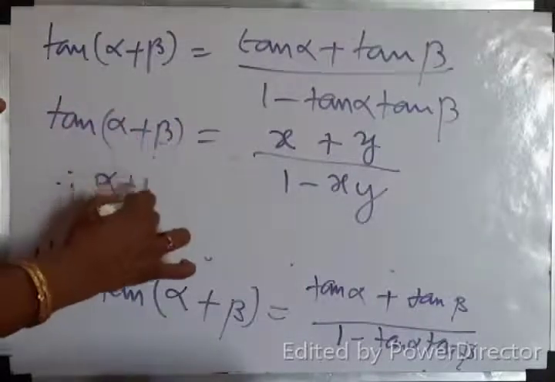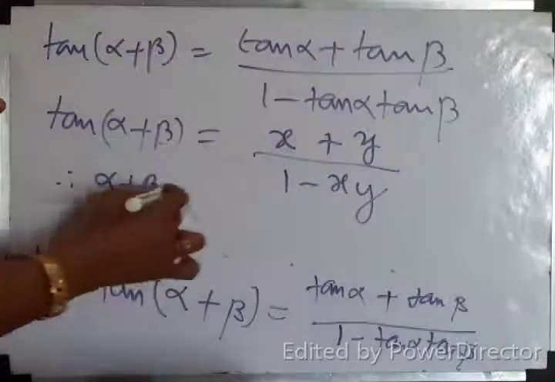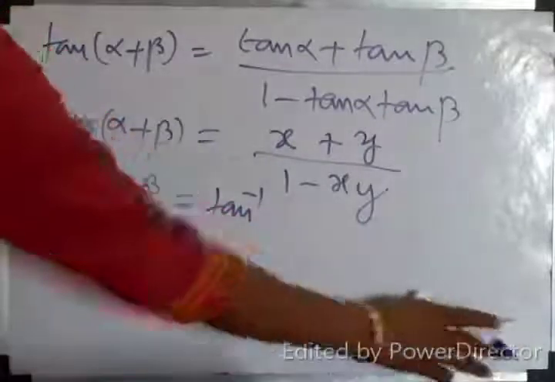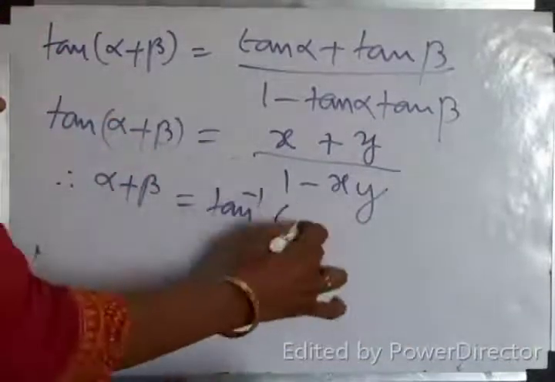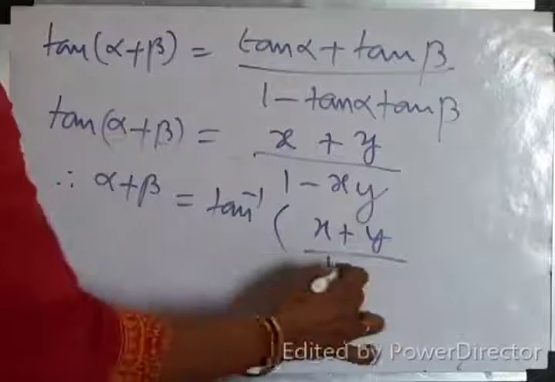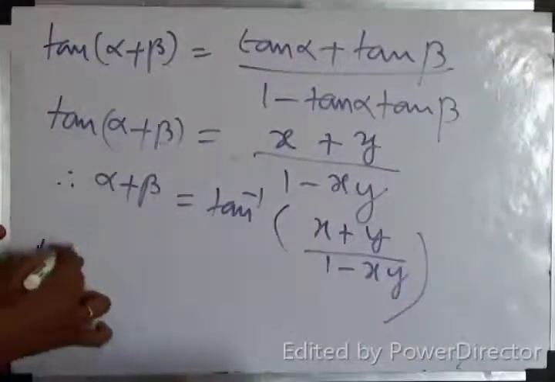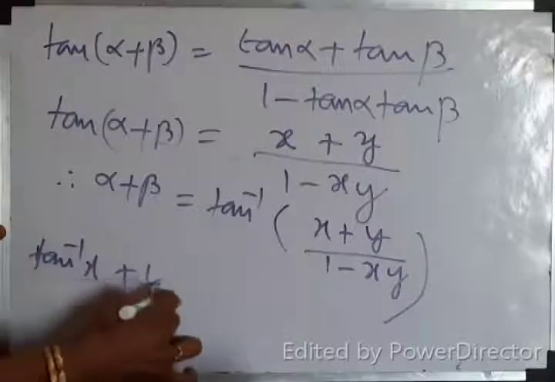Therefore, alpha plus beta equal to tan inverse of x plus y by 1 minus xy. What is alpha? Tan inverse x. What is beta? Tan inverse y.